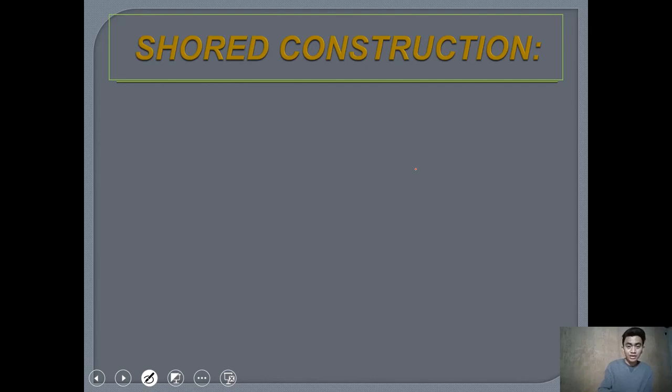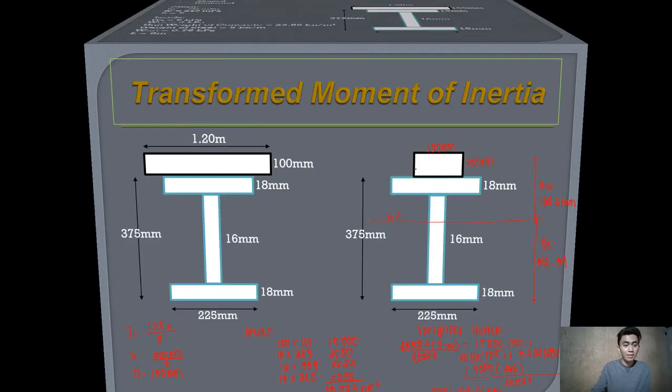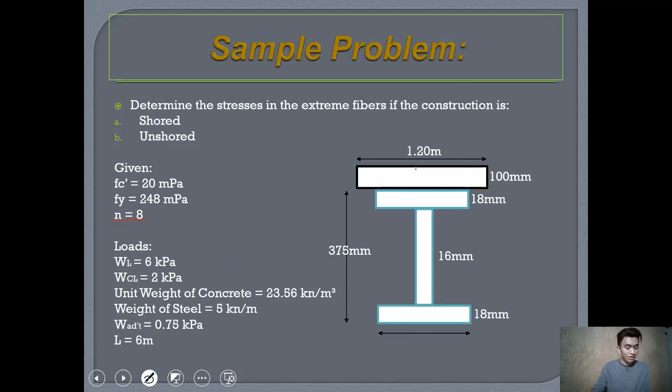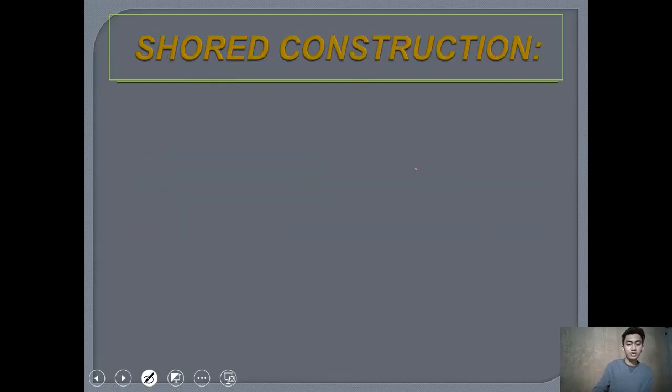So observe now that during our examples under the composite beam, the value for M is readily given. In our case, we will have to solve for the value for M. That is the use now of the loads which are given on the problem. All right, so let us determine the value for M under shored construction.